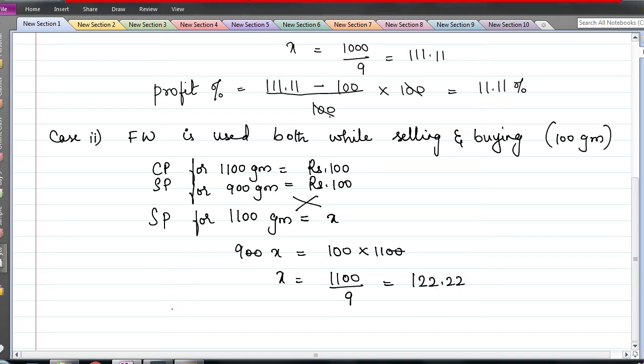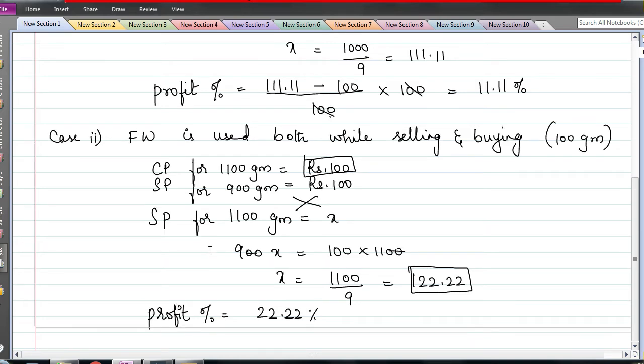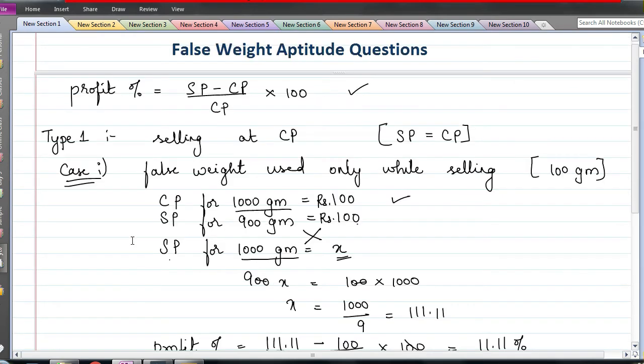So now I will directly write the profit percentage. Profit percentage is the selling price for 1100 grams minus the cost price for 1100 grams. This difference itself is your profit percentage. Hope this is clear. This is the first type of question, when selling at cost price.